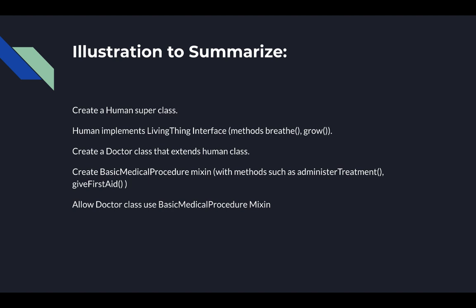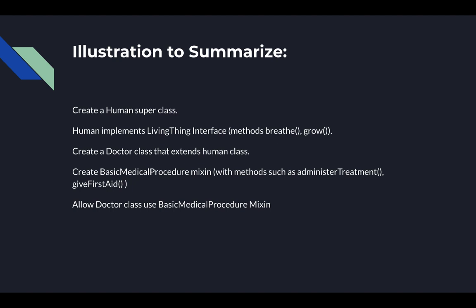From what we have learned previously, an interface allows you to define methods which any class that is using the interface must implement. That's why we're creating a living thing interface, because every living thing must breathe, every living thing must grow. But the way a plant breathes is different from the way a human being breathes.